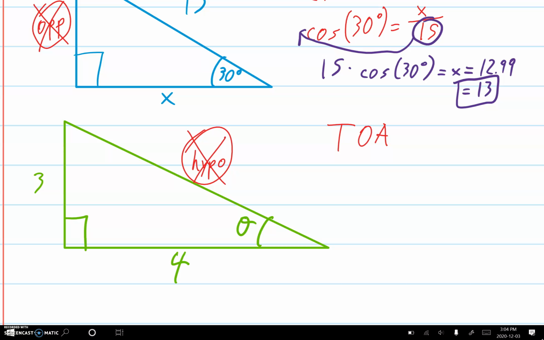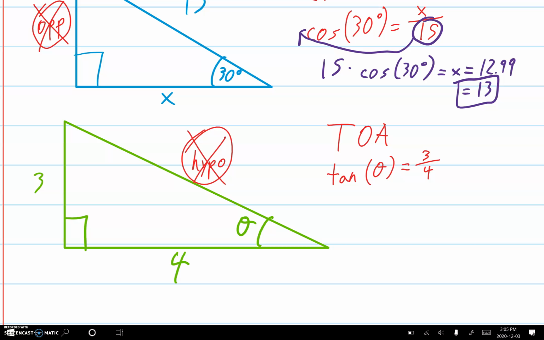Now we write it in our regular format. Tan of the angle equals opposite over adjacent. Opposite is 3, adjacent is 4. Now we need to get theta all by itself.